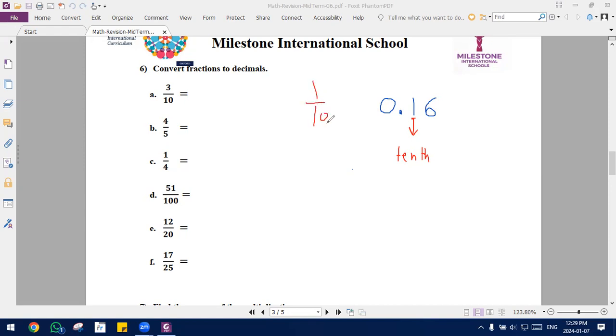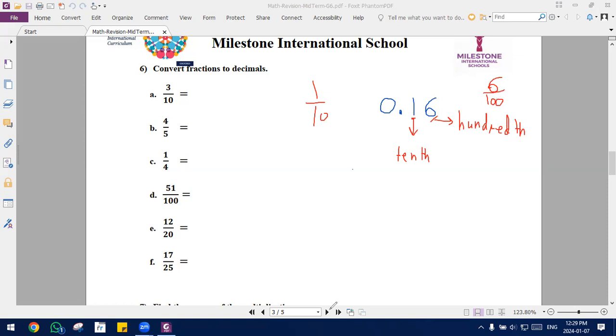So, to find the first digit after the decimal point, the denominator must be 10. Now, what do I call the second digit then? We call it hundredth, which means it's 6 over 100. So, 2 values after the decimal point means it's over 100.